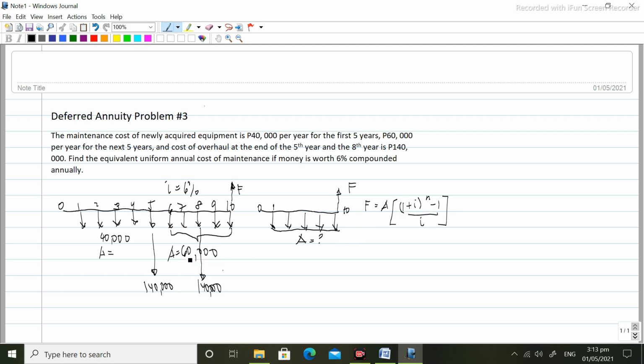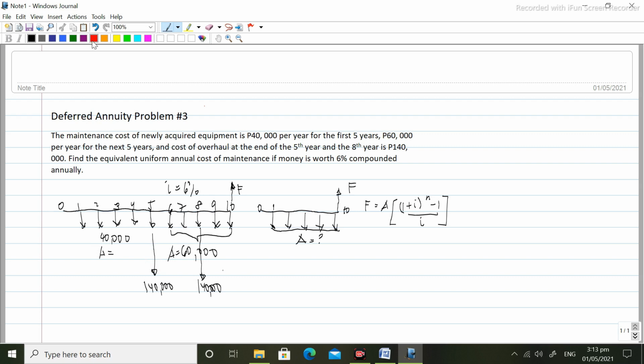And then, lahat po to na nangyari na payment or cost ng equipment, ipupunta natin sa future. Okay? Unahin natin si 40,000. Si 40,000, itong annual payment na to, si ordinary, hindi pwedeng diretso. So, mag-stop tayo hanggang dito sa 5th year.